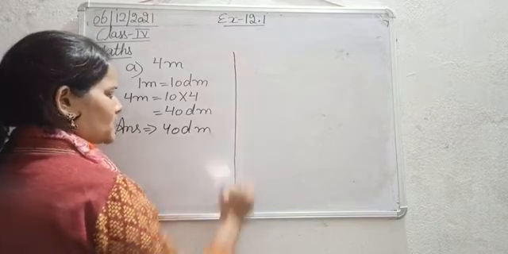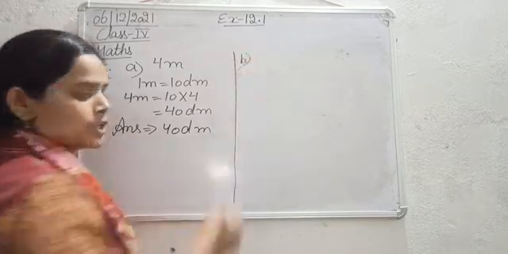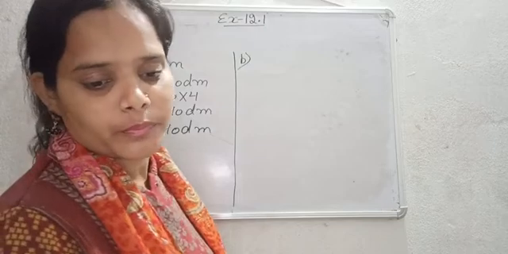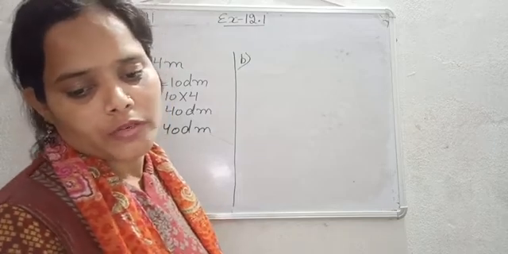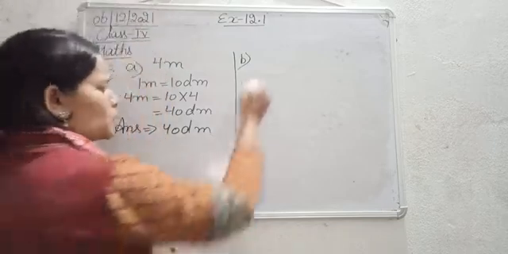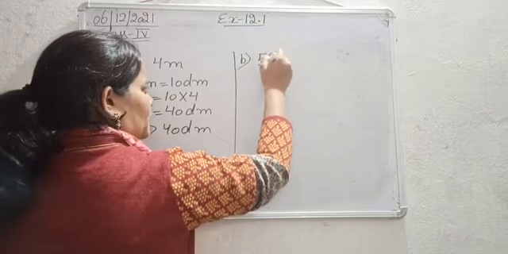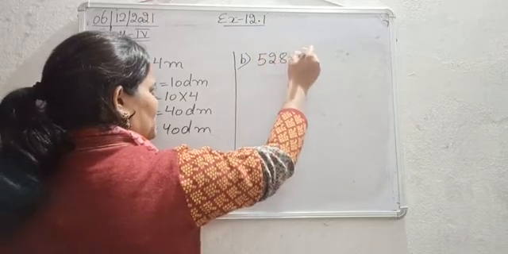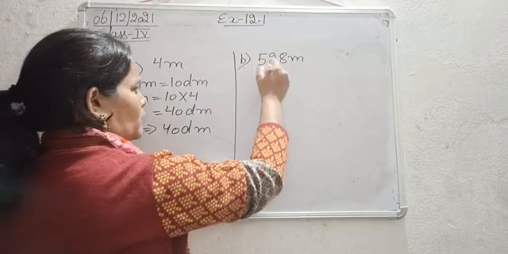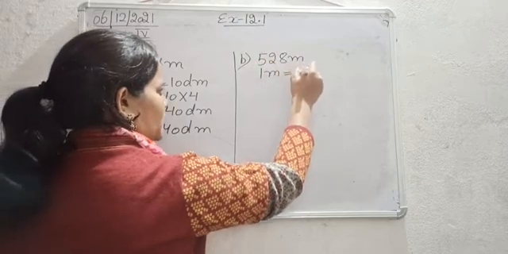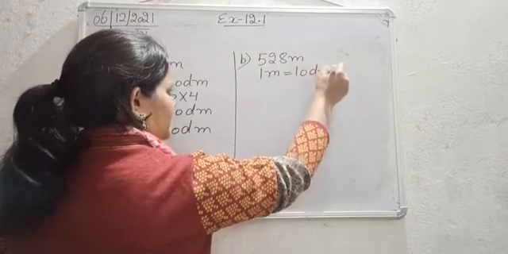Moving to the B part, in which we have to convert 528 meter into decimeter. 1 meter is equal to 10 decimeter.